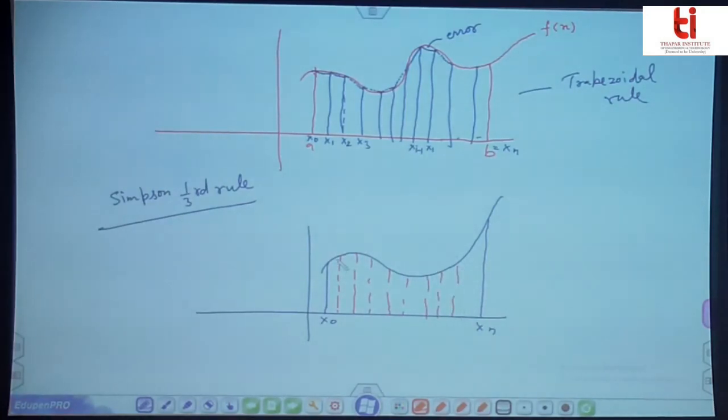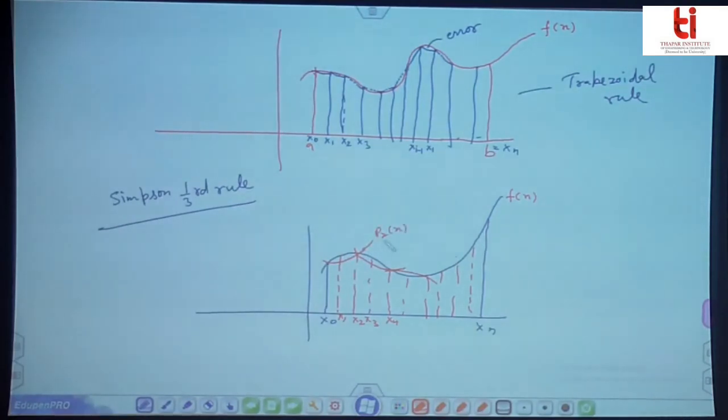But in the Simpson 1/3 rule we are taking 3 points together. We are approximating it with the help of a polynomial, this polynomial we are taking here. This is x0, x1, x2, x3, x4 and so on. This is your function f(x) and this is p2(x).